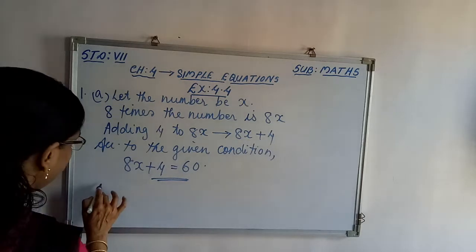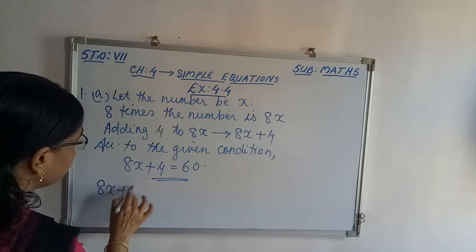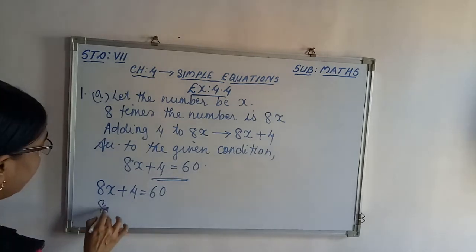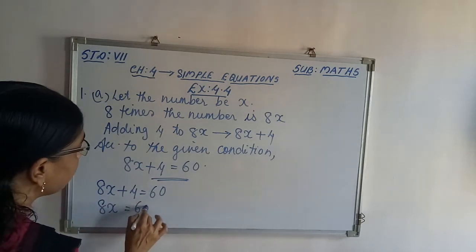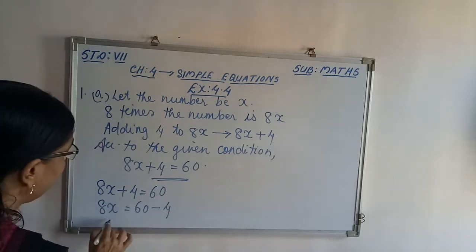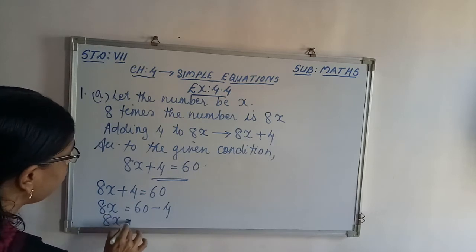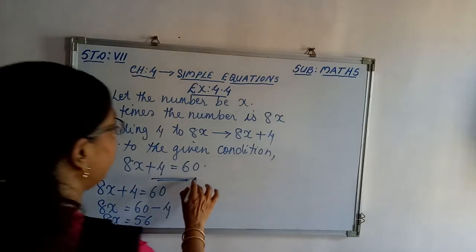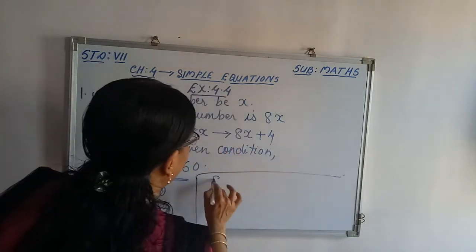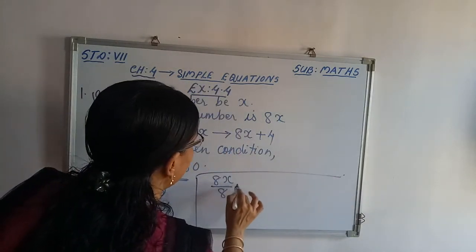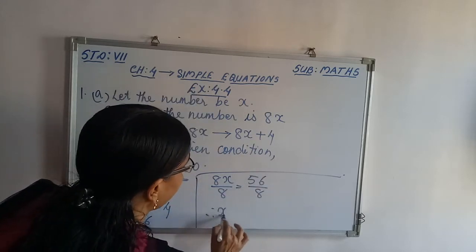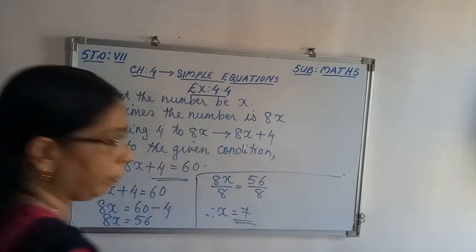Therefore, first we can transpose 4. 8x is equal to 60 minus 4, that is 8x is equal to 56, isn't it? Then 8x divided by 8 is equal to 56 divided by 8. Therefore, x is equal to 7.